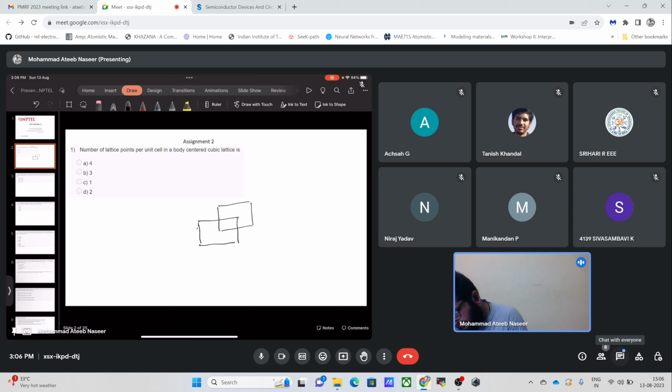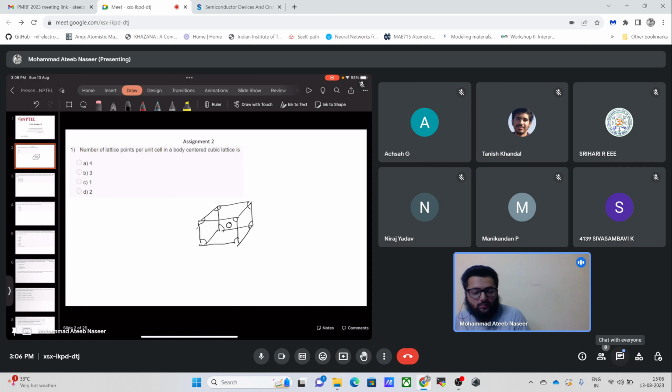If I draw it like this, some cube, it will have 8 atoms at the corners, which will be shared with the rest of the 8, and one atom lying in the middle of the body.